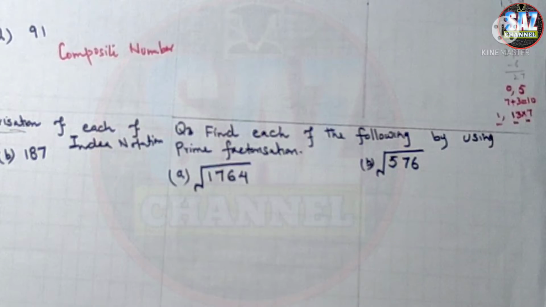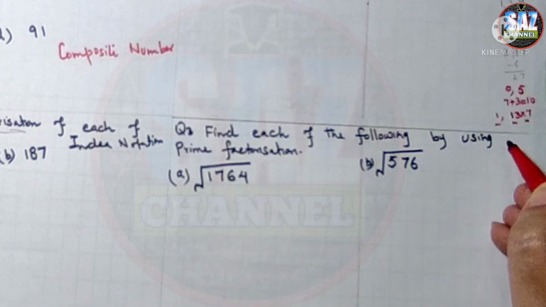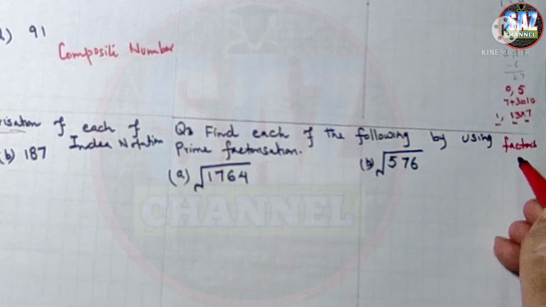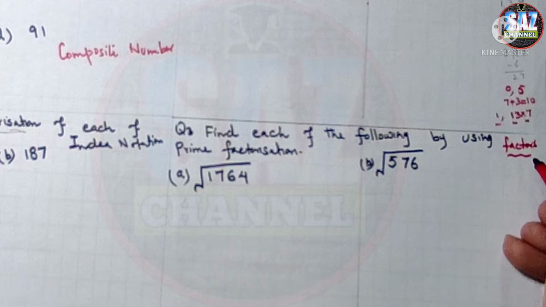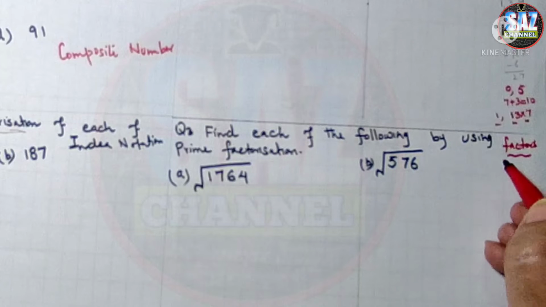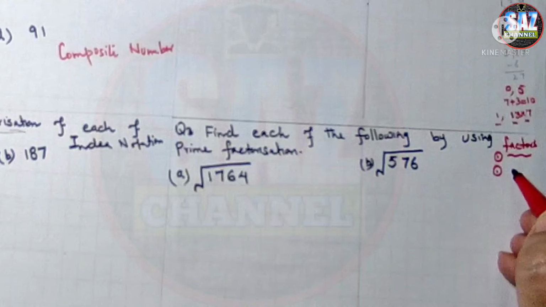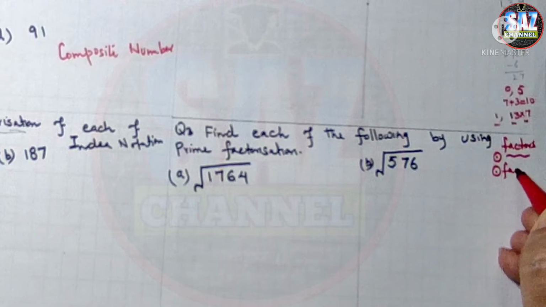What are the factors? Factors are the numbers which when we multiply together we get the number back. Then the second thing is factorization.